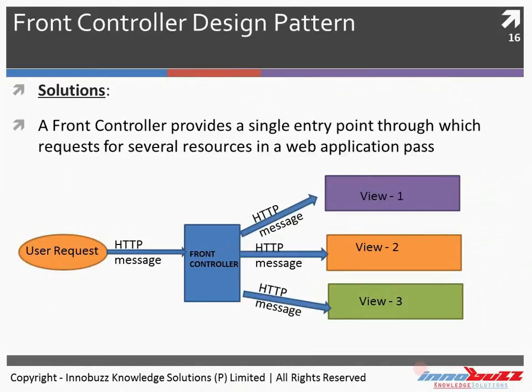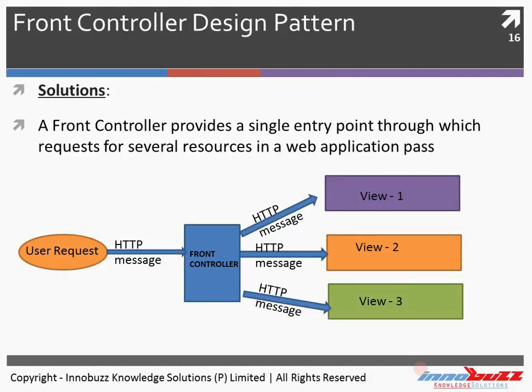If you see in this diagram, before, the user request had a one-to-one mapping with the view, but here you have the user request HTTP message passing through the front controller, which in turn will access the respective view. So instead of direct communication, there is a front controller which comes into the picture for accepting the user request and then delegating the request to the respective view.